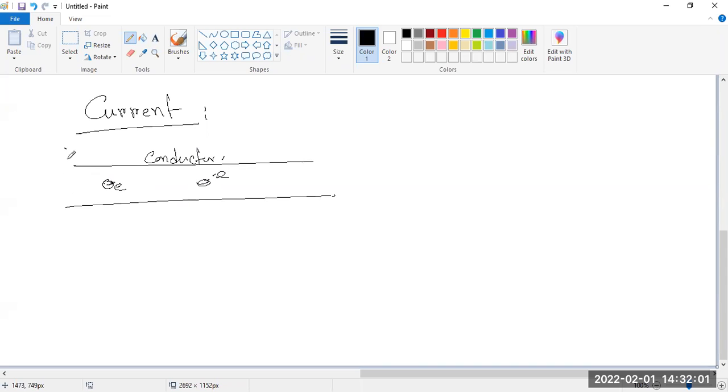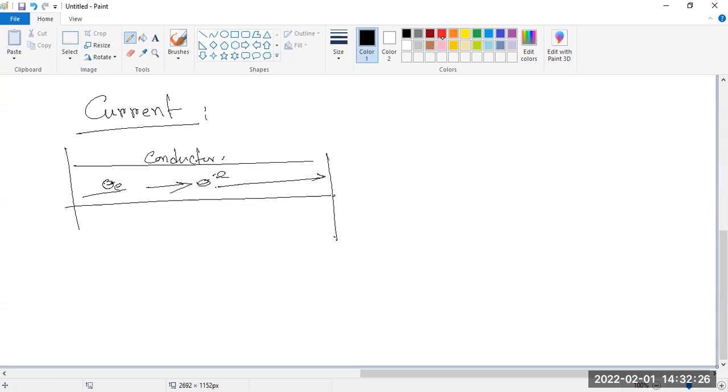So we have to apply some voltage, or voltage means some force which can drive these electrons in one direction. Okay. Then whenever this force is applied, a flow of current will be created. So what is the flow of current?